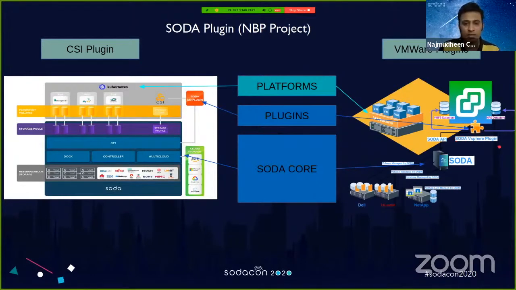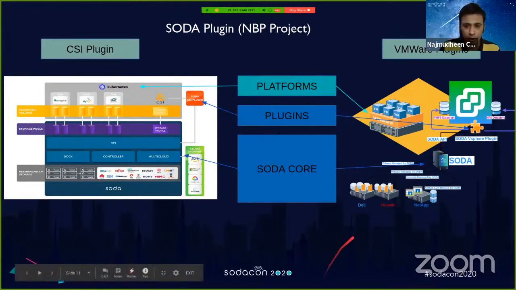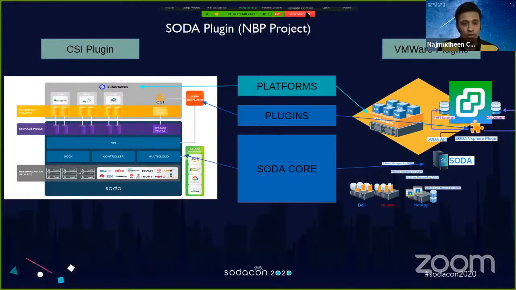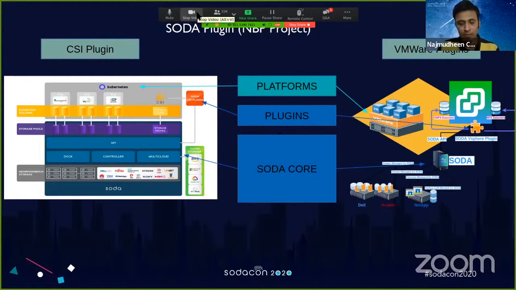VMware has different mechanisms to integrate with the VMware platforms. You can integrate block storage as a datastore or an NFS datastore, or you can also integrate as a virtual volume; they call it the VASA provider.